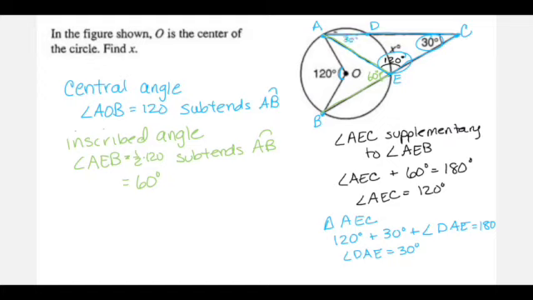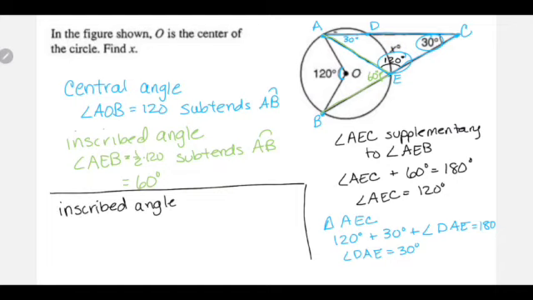Now let's come back to that inscribed angle theorem. I can say that there is an inscribed angle that we can call angle DAE, and it subtends arc DE. So we see that here. We see that this angle DAE subtends this arc right there.